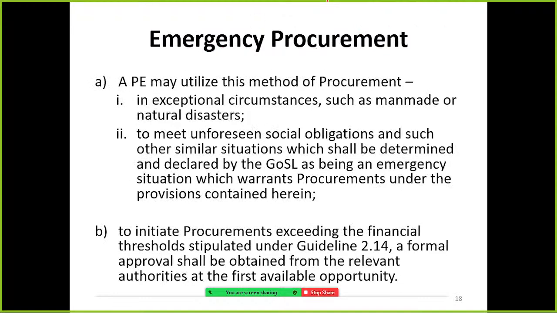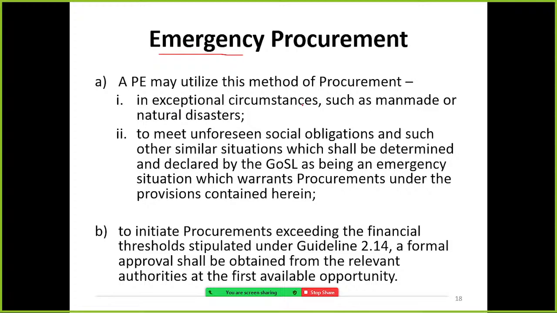Emergency procurement. The procuring entity may utilize this method of procurement. Here, emergency, for example, tsunami, earthquake, flood. In those situations, the procuring entity does not have enough time to follow the procurement guidelines, so they can go for emergency procurement.